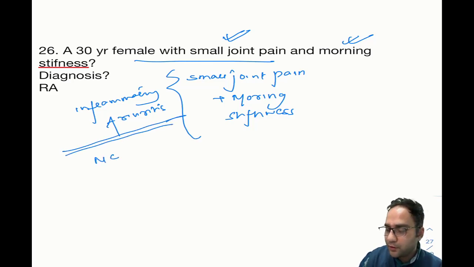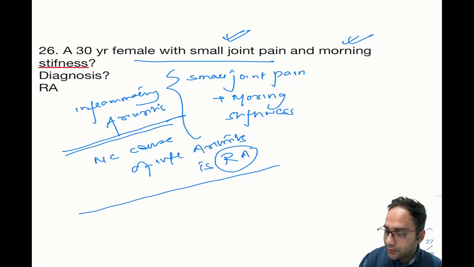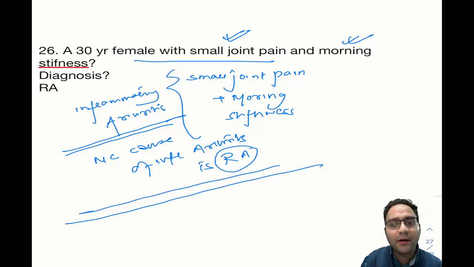And the most common cause of inflammatory arthritis is rheumatoid arthritis. So the answer here would be rheumatoid arthritis, right?